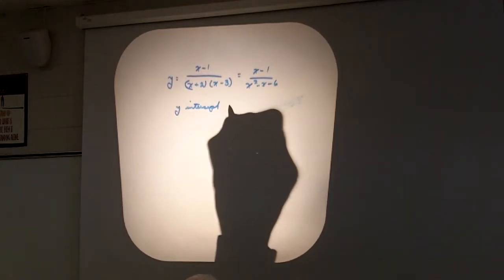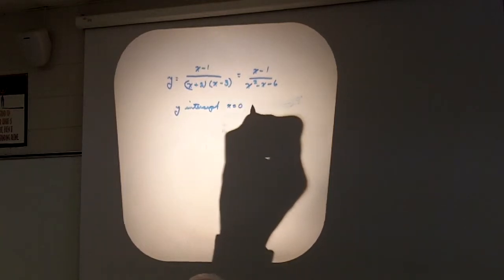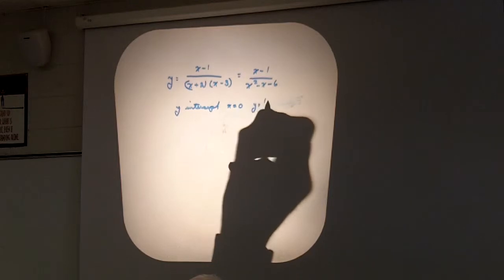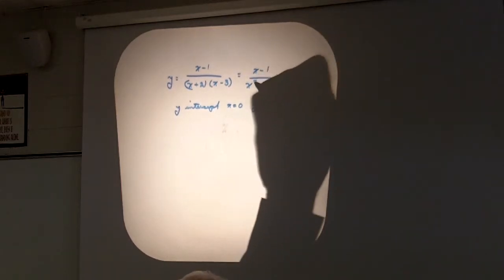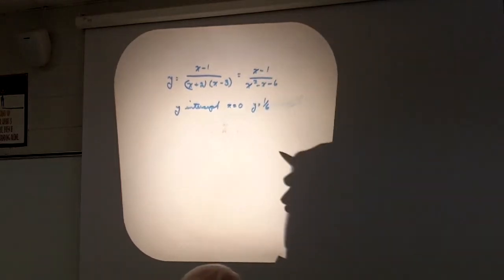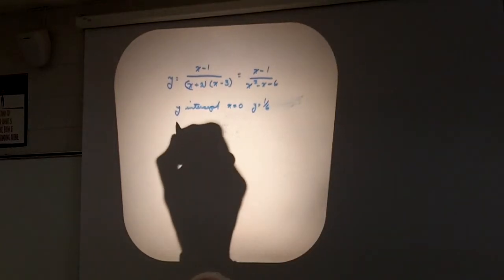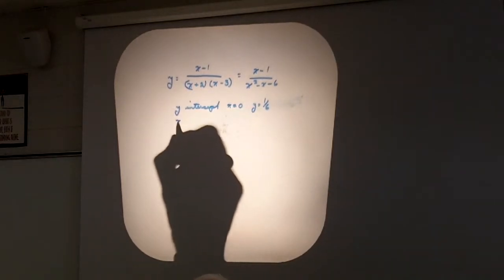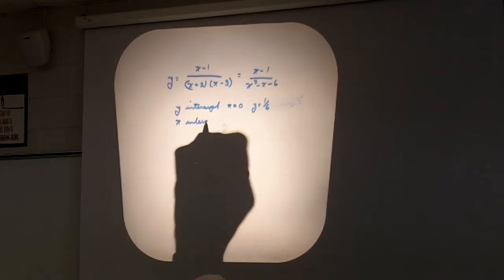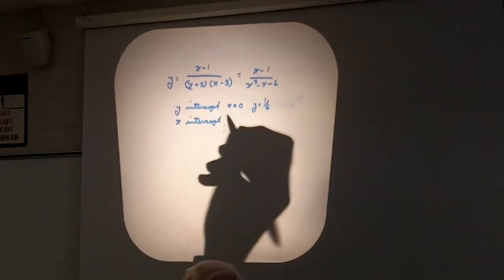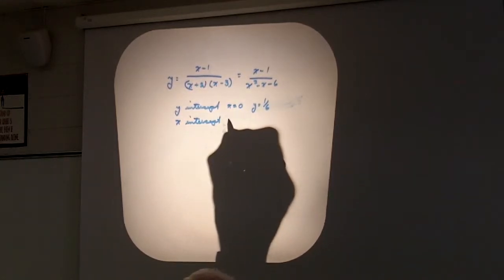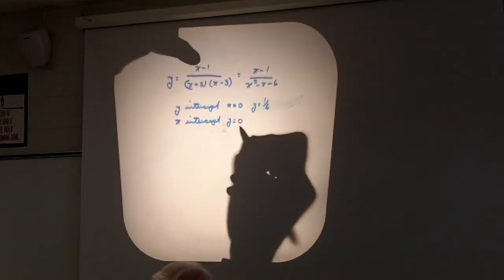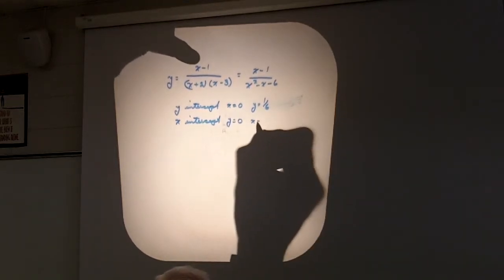The y-intercept is when x equals 0, and someone said that's going to be y equals 1/6. That's going to be 0, that's a 0, that's a 0, so it's minus 1 over negative 6. Now, what is the x-intercept? That's when y equals 0, and so the numerator is going to be zero, so x equals 1.